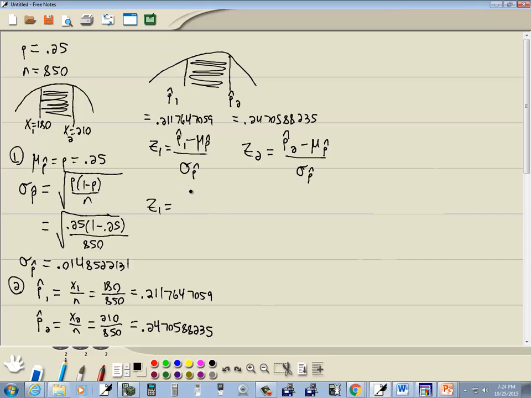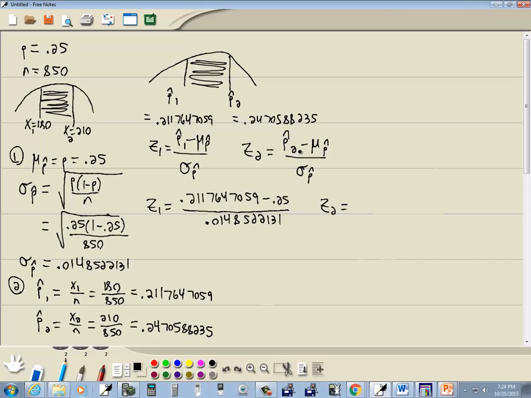Okay, so z sub 1 is going to equal 0.2117647059 minus mu sub p hat, which we said was 0.25, over sigma sub p hat, which we said in step 1 was 0.0148522131. Now we also want to convert this one.